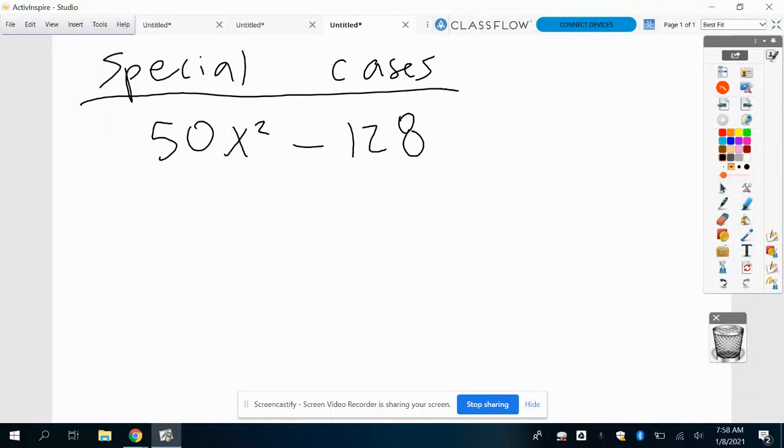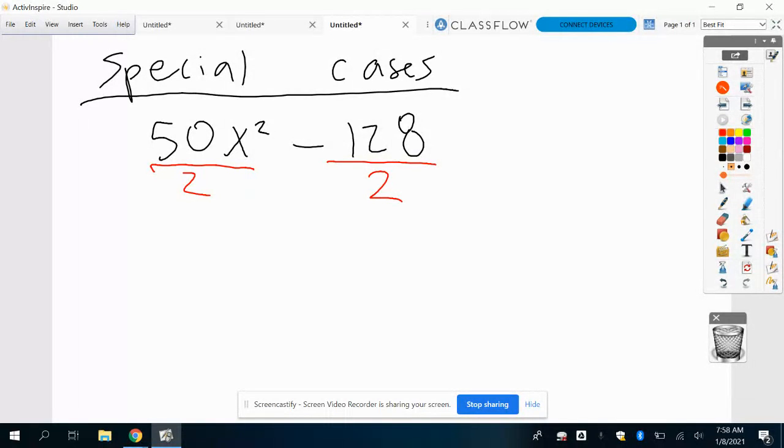Now, this is where we're going to pull a little bit of factoring completely in as well. When you have a polynomial that you're trying to factor, you should always start by looking for a GCF. If you look at this problem, we don't have perfect squares yet, so we can't use our special case with perfect squares. But hopefully you can see that we can factor out a 2.